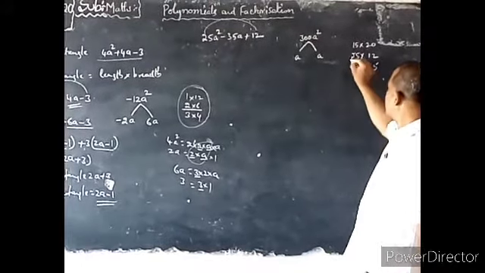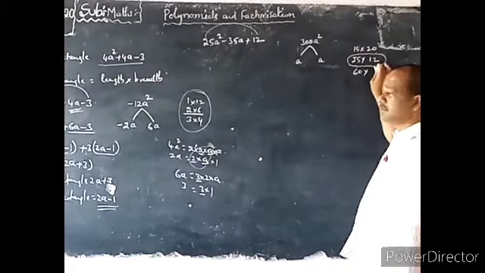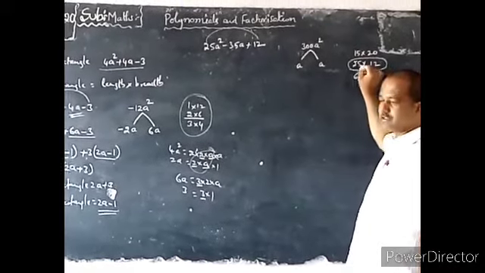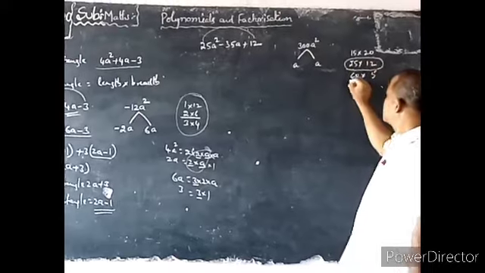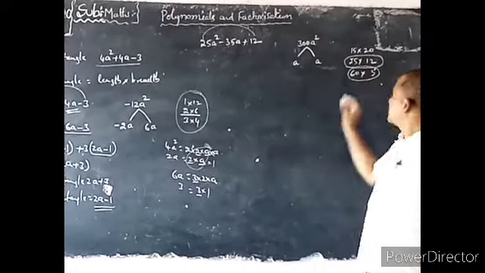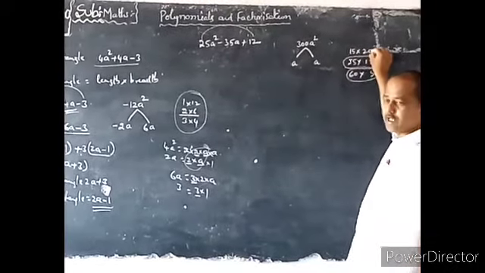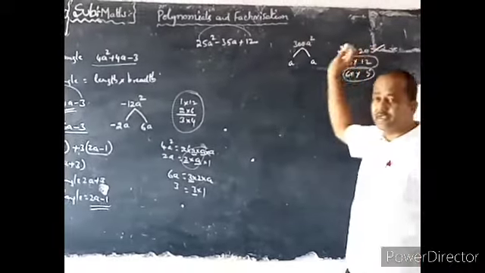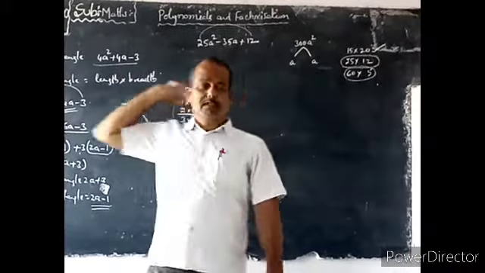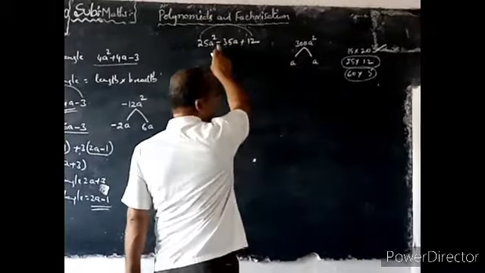Either adding or subtracting. 25 plus 12 is 37. It is not considerable. 60 plus 5 is 65. It is also not suitable. Next, 15 into 20, or 15 plus 20 is 35. If you are adding 15 and 20, it gives 35. But what symbol does it contain here? Plus. Here, minus.